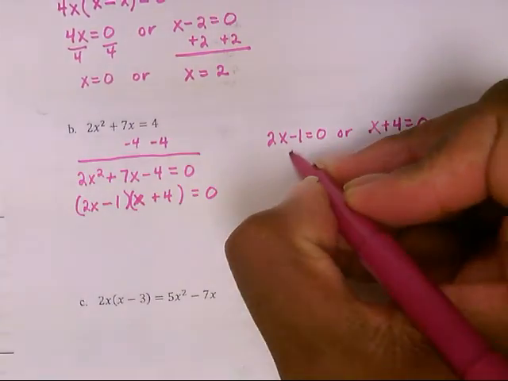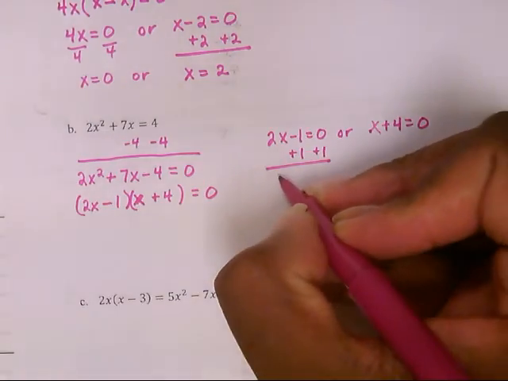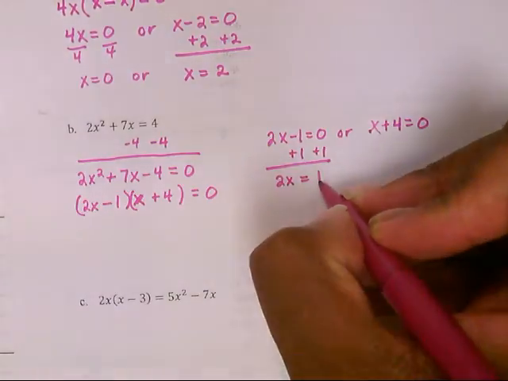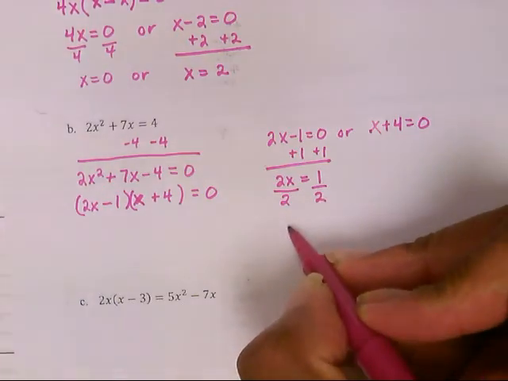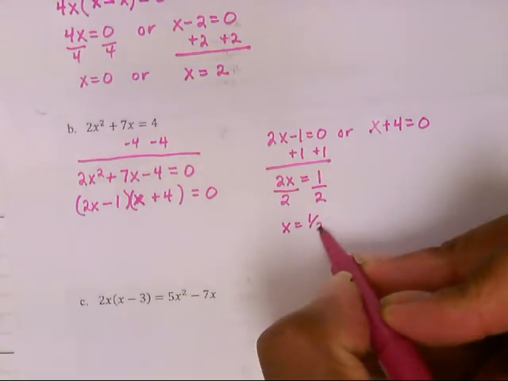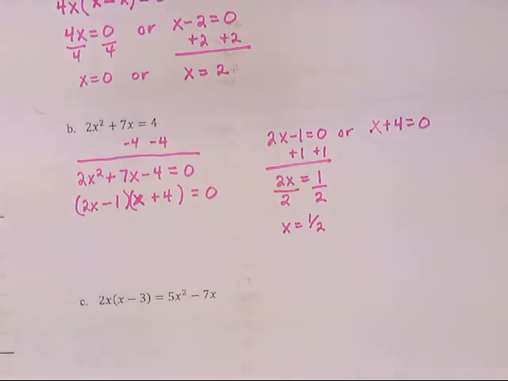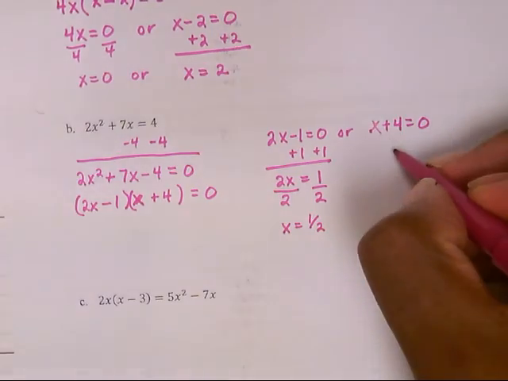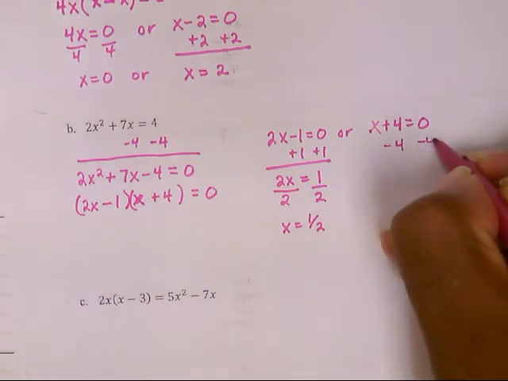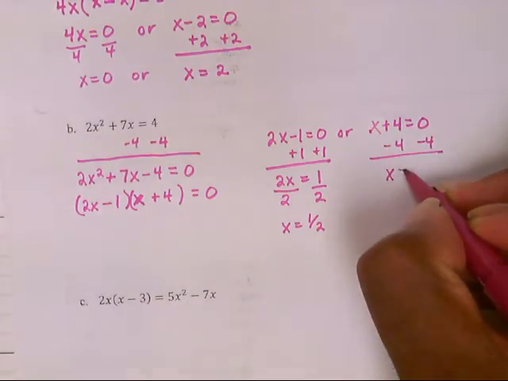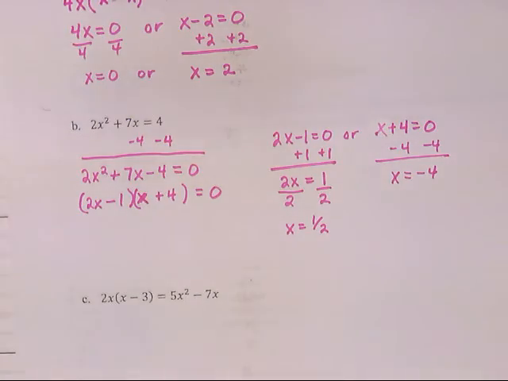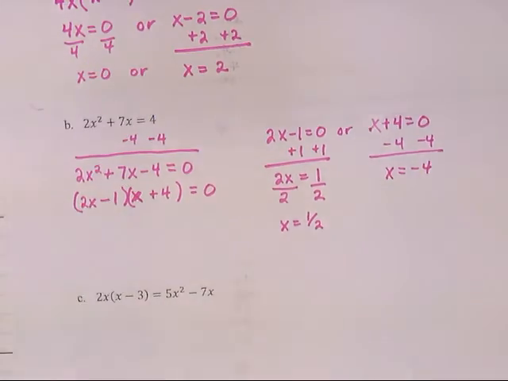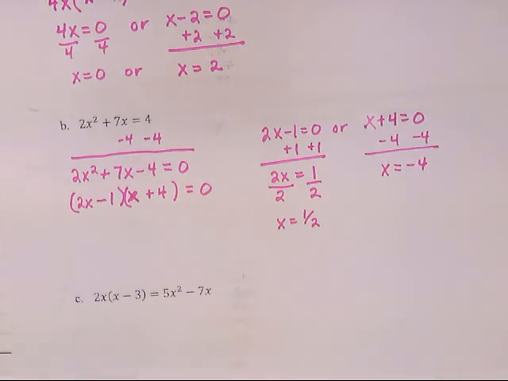So for the 2x minus 1 equals 0, that'll be 2x is equal to 1. Divide both sides by 2, x is equal to 1/2. And then for the x plus 4 equals 0, if I subtract 4, you're going to get x is equal to -4. So my two solutions for this quadratic equation will be 1/2 and -4.